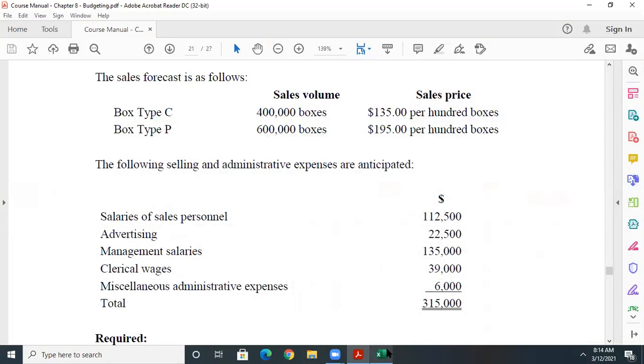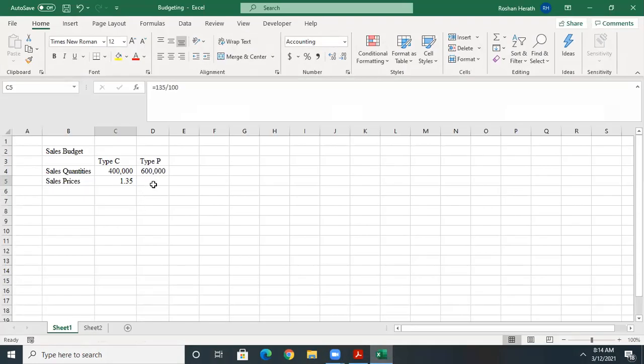And it is 195 per 100 boxes for the other, roughly 1.95. Then you can get into the sales value.